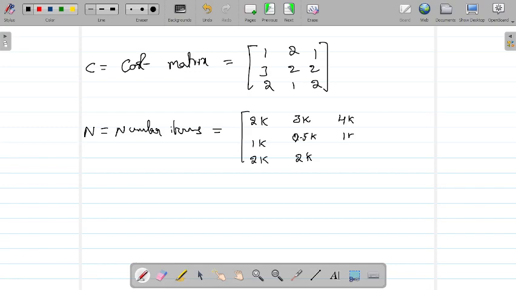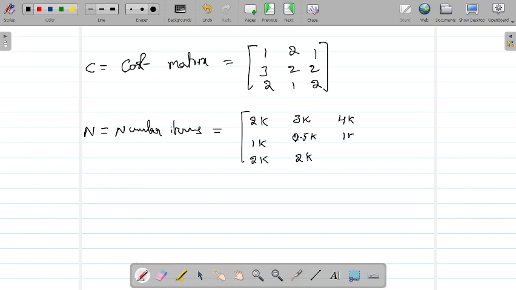Okay, so now you just multiply C times N. So this is a 3 by 3 matrix. So it seems I missed something. I missed writing the last one. Another column is there. I missed the middle column, right?